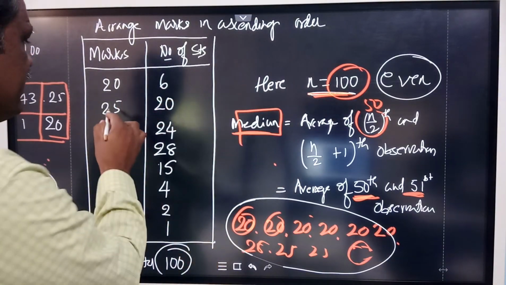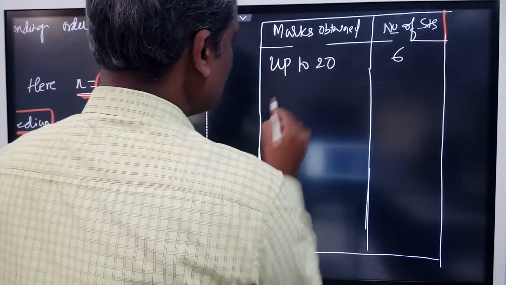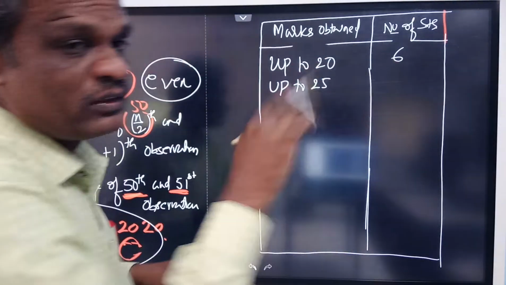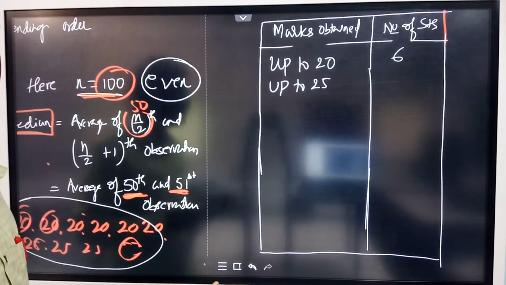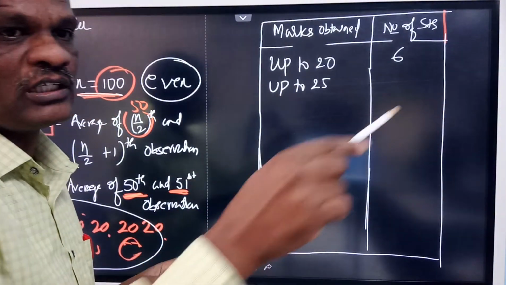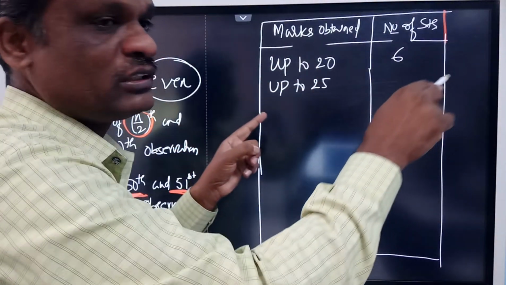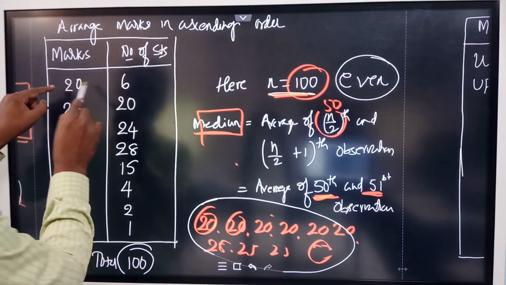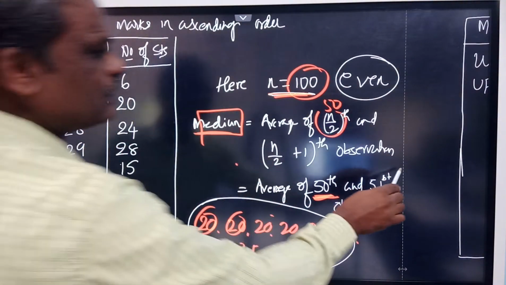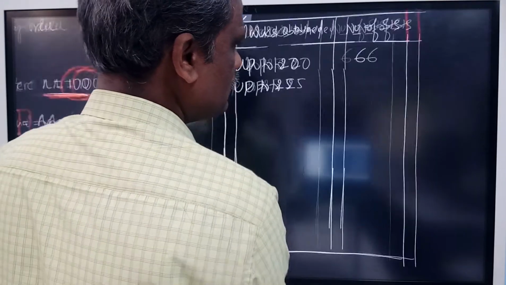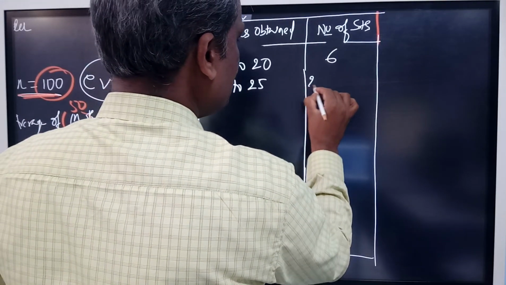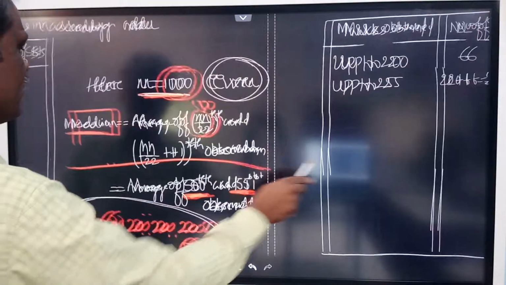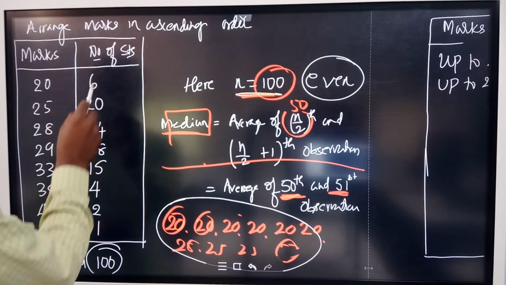Then up to 25 means including up to 20, that is 0 to 25. Up to 25 you have to take 6 plus 20, so 26 entries are there up to 25.